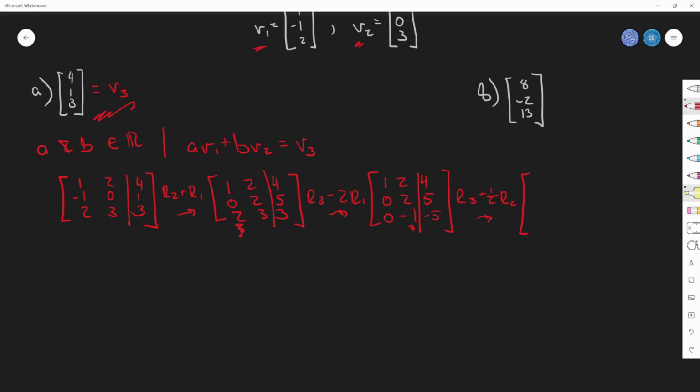And you should be getting 1, 2, 4 stays the same. This stays the same. Now this would be 0, 0, and this would be negative 5 halves.